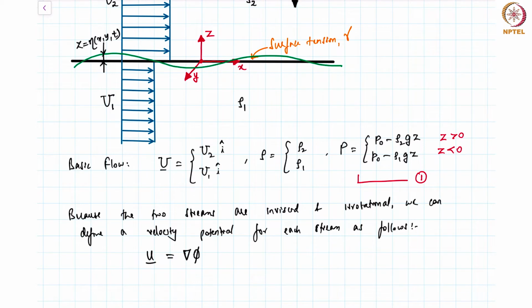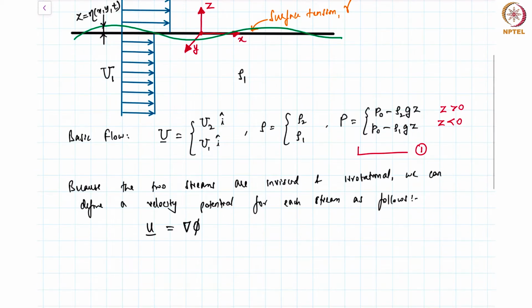So once I have this velocity potential, I can now say phi is phi2 for z greater than eta, and phi1 for z less than eta. Meaning for the upper stream it is phi2 and for the lower stream it is phi1. So we will label this as relation 2.